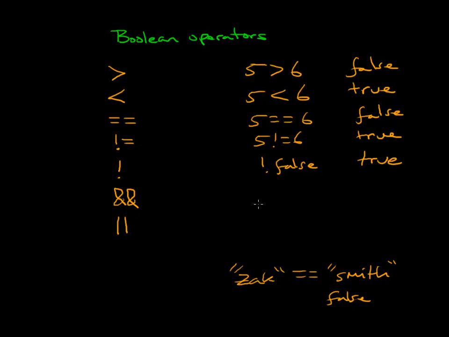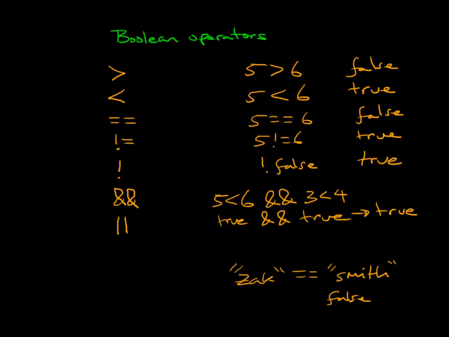And for and, I can say is 5 less than 6 and is 3 less than 4. Well, 5 is less than 6, that's true. And 3 is less than 4, that's true. So this will evaluate to be true. And I'll just use a different colour so that it's easy to see.